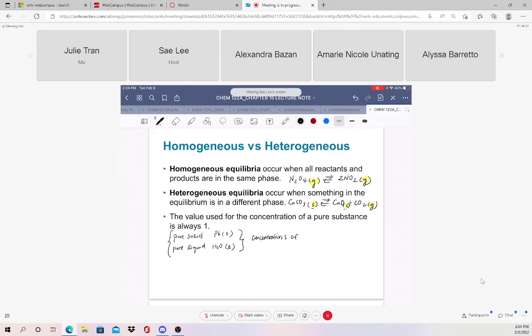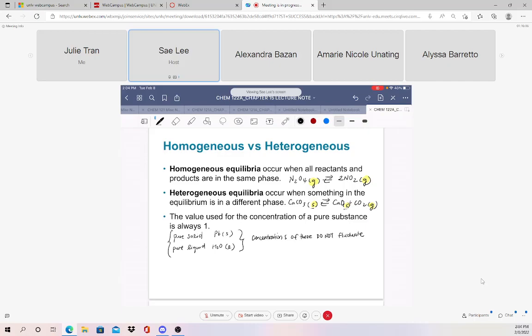Therefore, we cannot change their concentration. Concentration of water, you cannot dilute water or make water more concentrated. Water will have a density of 1 no matter what. So pure solids and pure liquids, you cannot dilute them or make them more concentrated.